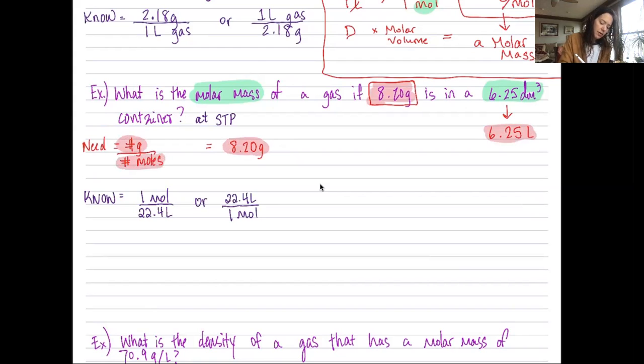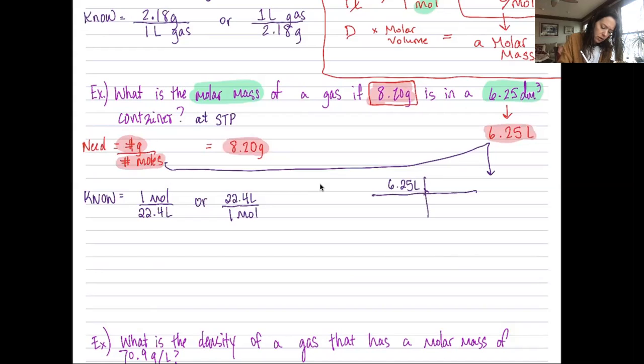Well, if I have 6.25 liters, and every 22.4 liters is 1 mole, then if I take 6.25 and divide it by 22.4, I get 0.279 moles, right?